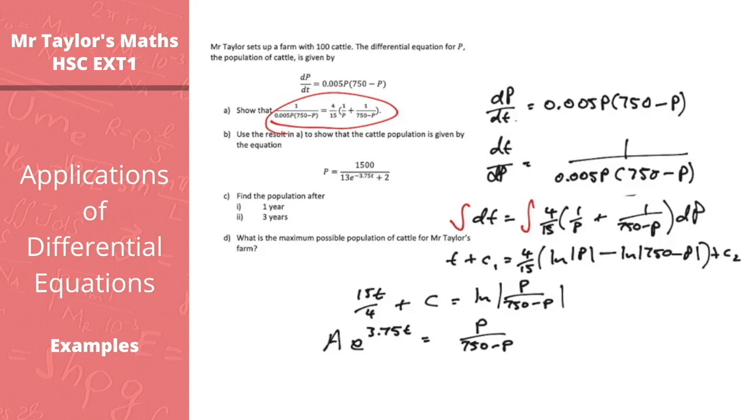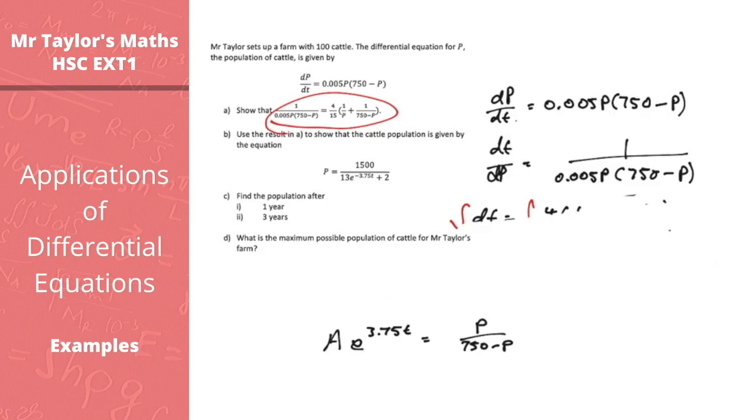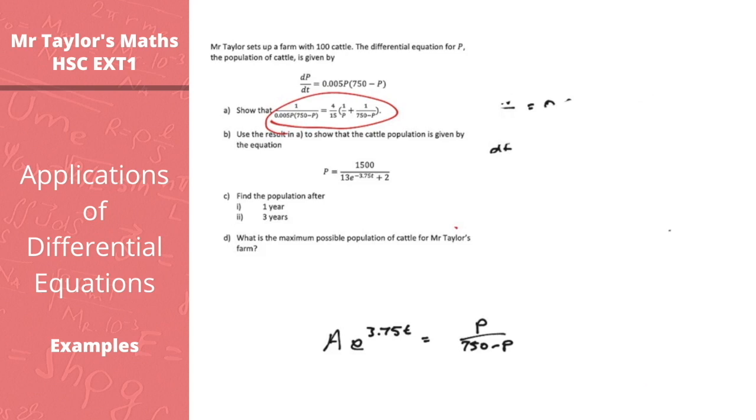That's going to be a positive, so I can get rid of the absolute value there. Okay, and this is going to be a little bit tricky, so I'm just going to get rid of this. I'm running out of room. Alright, so we have a e to the 3.75t equals p over 750 minus p.